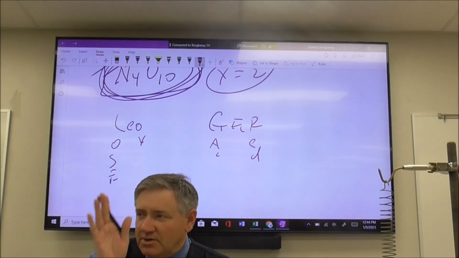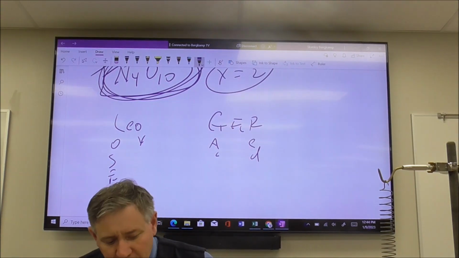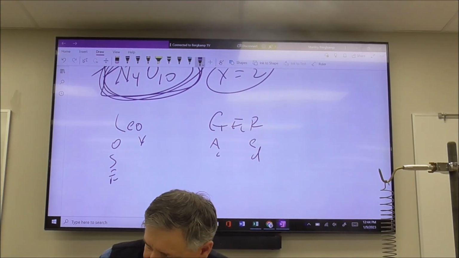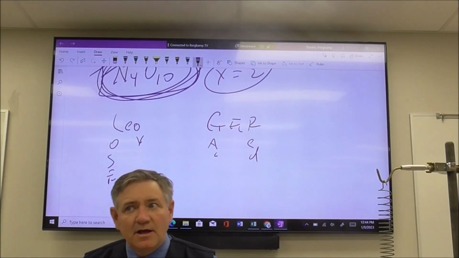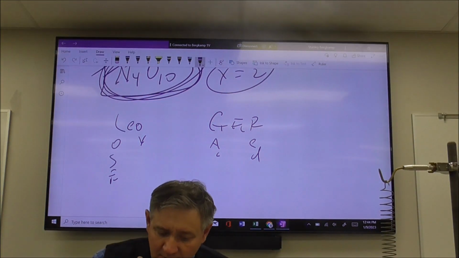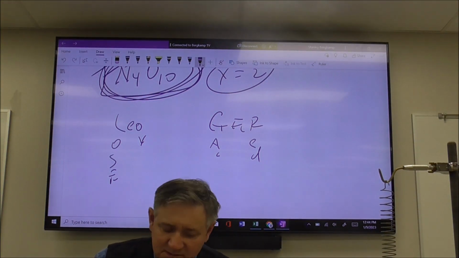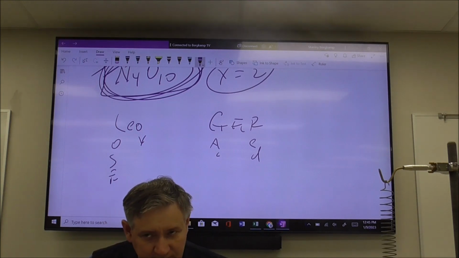So listen to me. Your reducing agent contains the element that is oxidized. Your oxidizing agent contains the element that is reduced, okay? So on your oxidizing agent, let's start with this. What do you have for the element that is reduced?